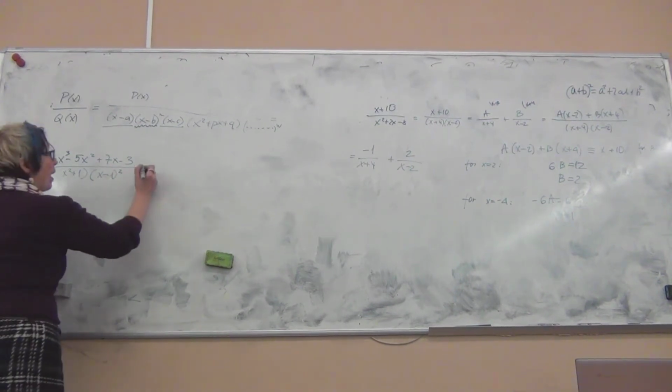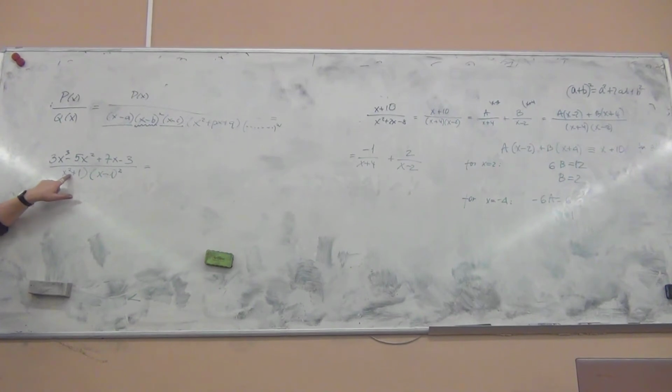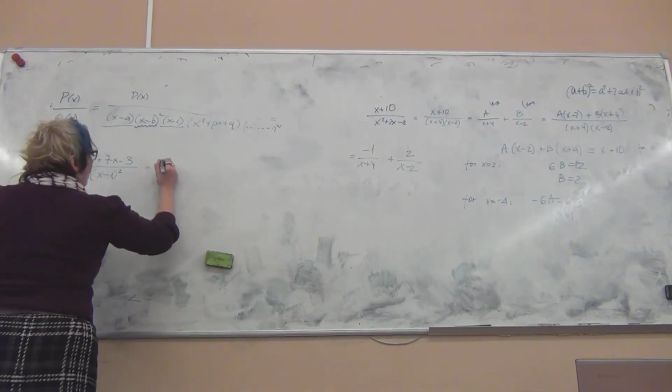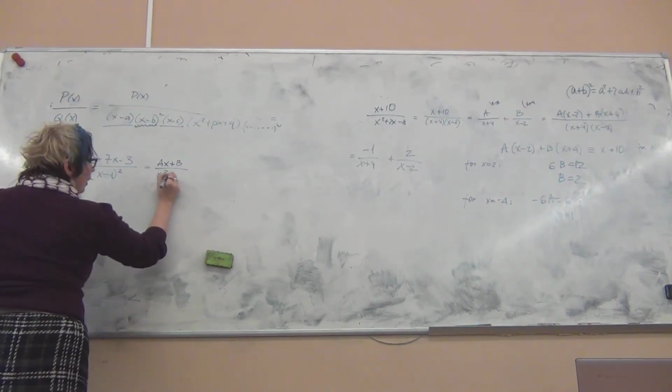So this should become, because this is a quadratic, p is 0, we don't have anything times x, but it's still a quadratic. So this would be, for example, ax plus b over x squared plus 1.